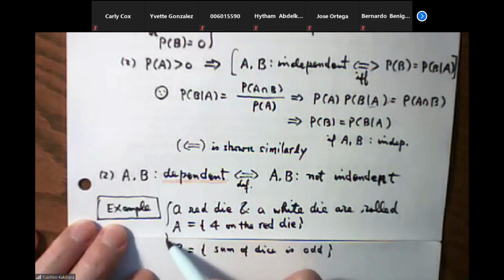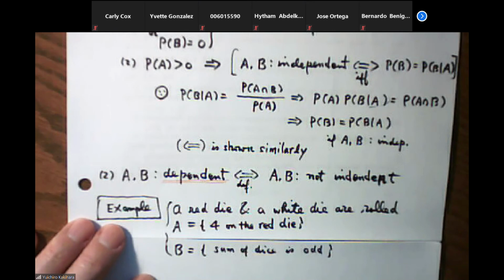So we consider this situation: two dice rolled, red and white, event A is 4 on the red die, and B, the sum of dice is odd, like 3, 5, 7, 9, 11. Those numbers. Then I would like to consider whether these two events are independent or not.